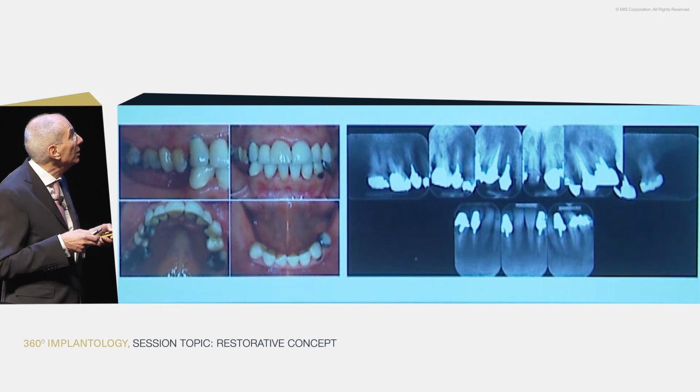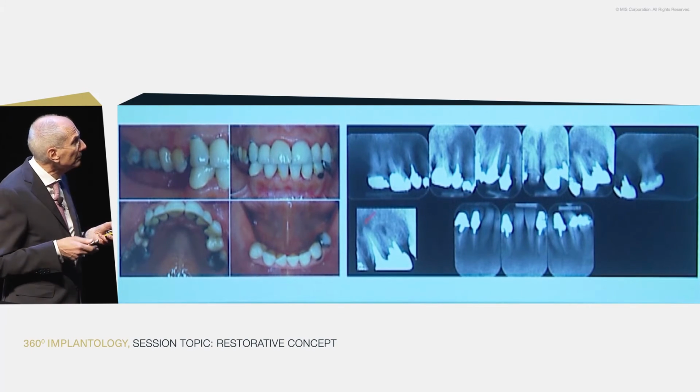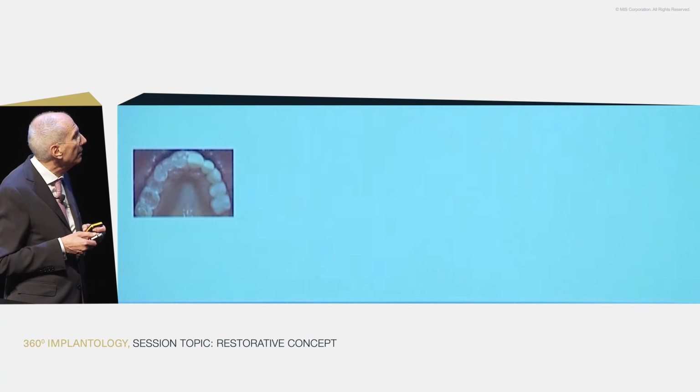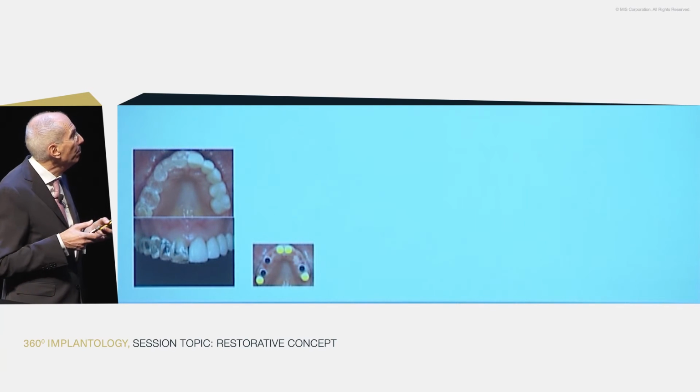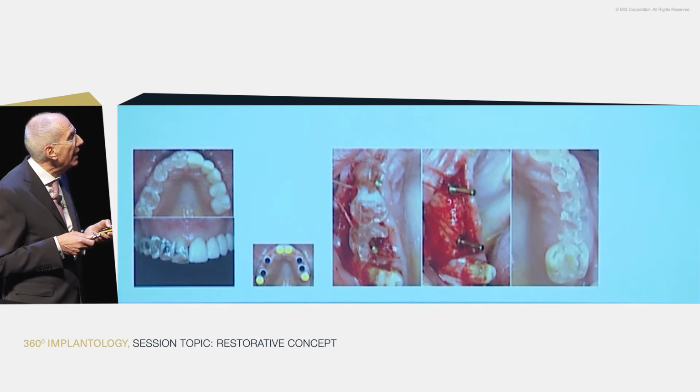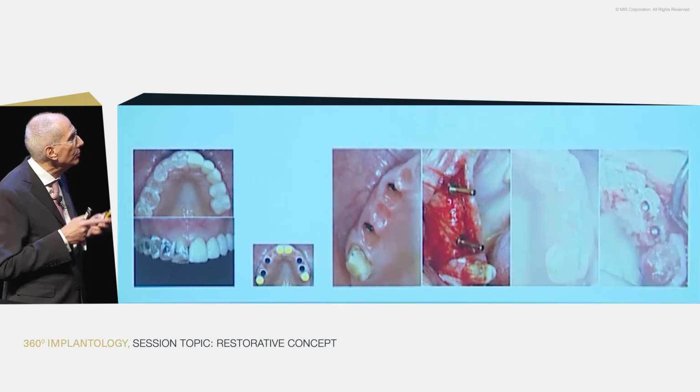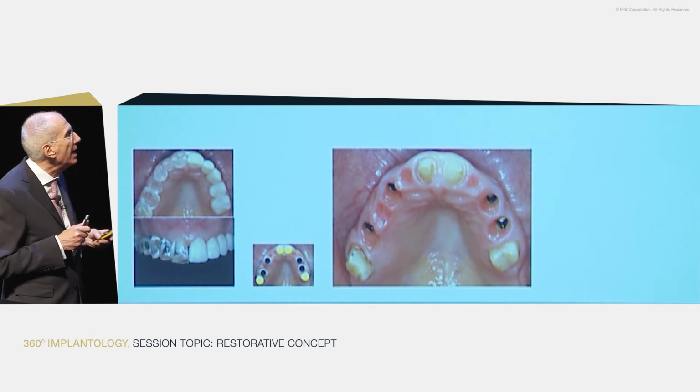Here you see a typical case where a lot of teeth had to be extracted because of endo and iatrogenic failures. Implants were placed in this case in the upper jaw. The minimal number of implants, you see only 2 on both sides.